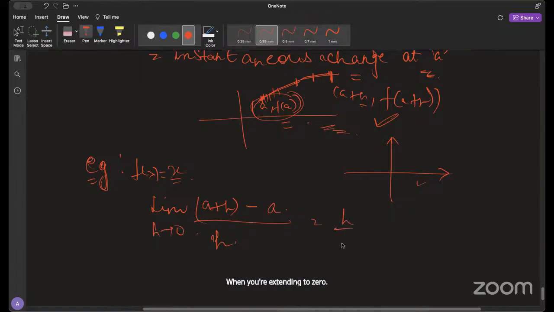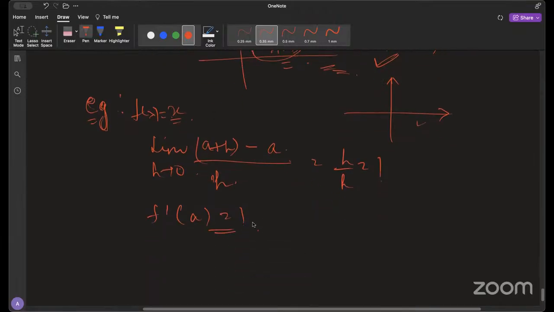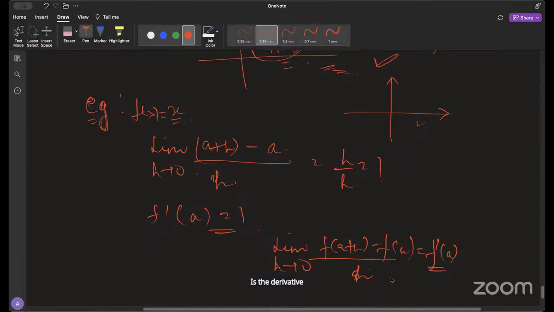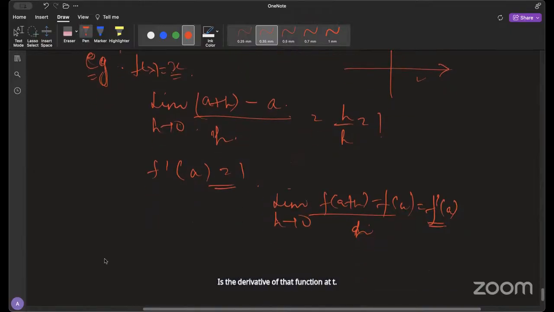So this is h by h, which gives you 1. So your f dash a is 1. The finite number that you get from here is the derivative of that function at a. So f dash a is 1.